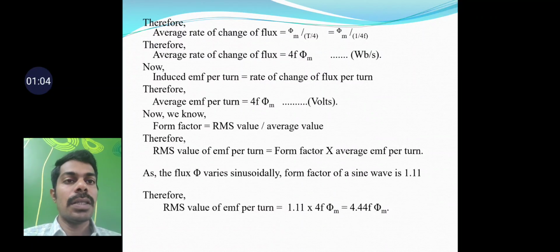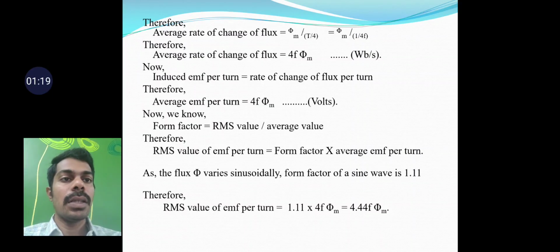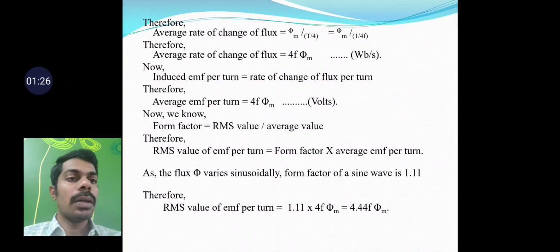Therefore, average rate of change of flux is equal to phi m divided by T by 4, which is phi m divided by 1 by 4f. Therefore, average rate of change of flux is 4f into phi m in Weber per second.